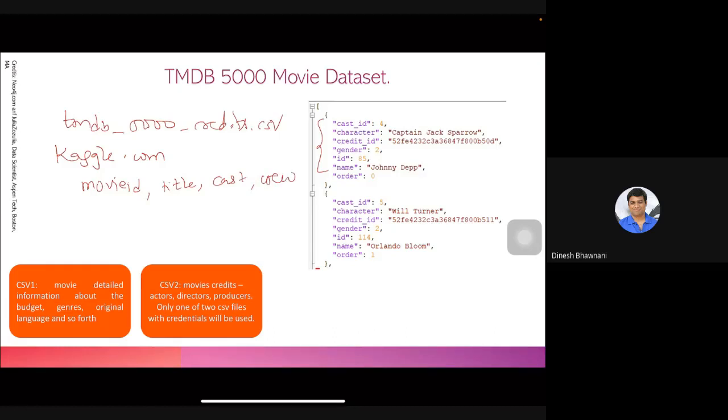So here only the actors' names from the cast column, and the director's name from the crew column, have been taken. So from cast, actor, and from crew, director. You can choose different things depending on what you're trying to analyze. Now in each cell, there is this kind of JSON information. Okay. Each cell.